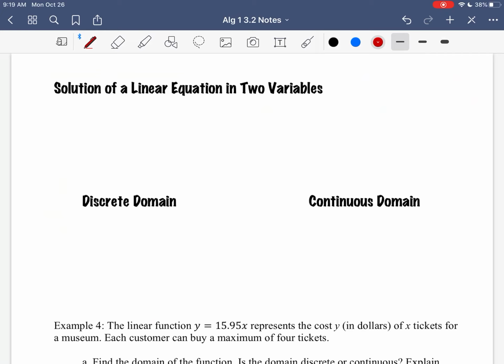Now, the solution of a linear function in two variables. When we talk about a solution, we're talking about any of the ordered pairs that make the equation true.